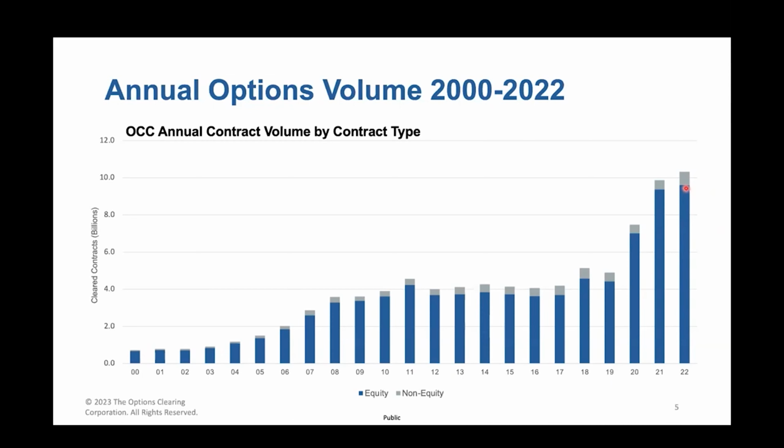And as you can see, 2022 was a record year for OCC, where we cleared and settled just over 10 billion contracts, 10.3 billion contracts, with an average daily volume of 41.1 million contracts. So you remember 2008 was the housing crisis, 2011, the sovereign debt crisis, 2020, COVID, 2021, the war in Ukraine, rising interest rates, and more recently, all the banks that have been in the news lately with their rate exposure.